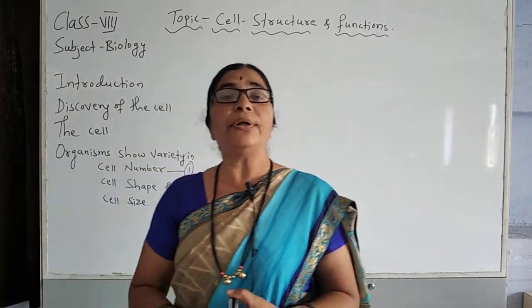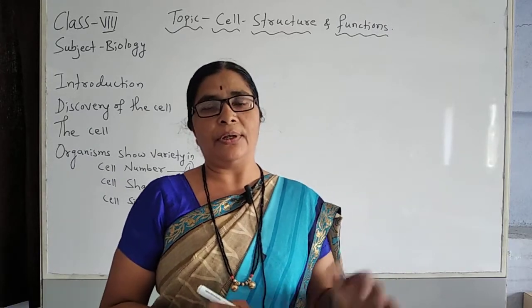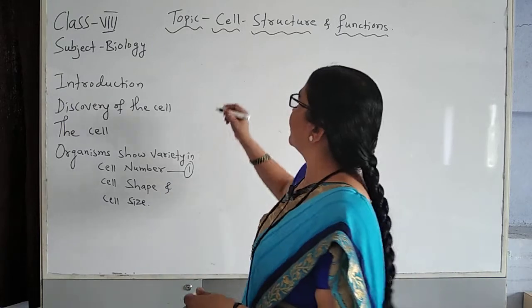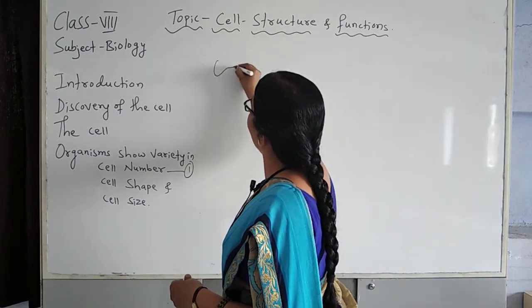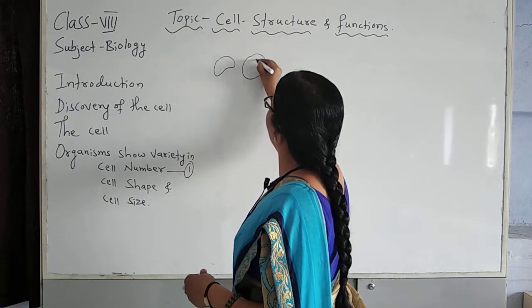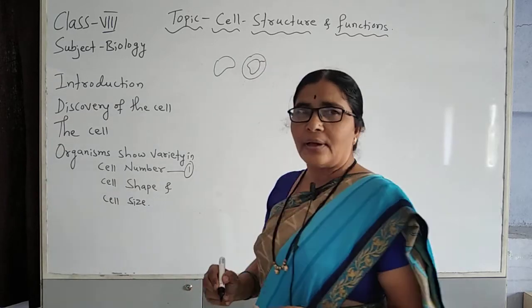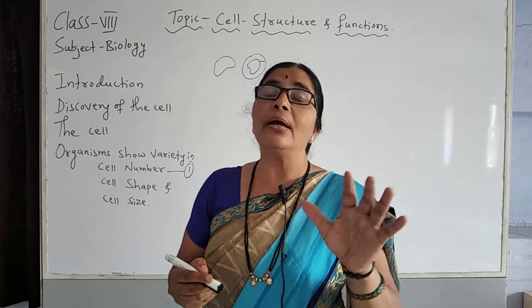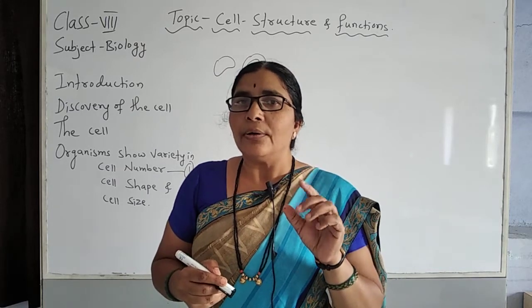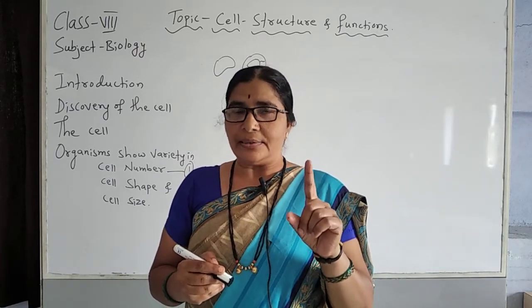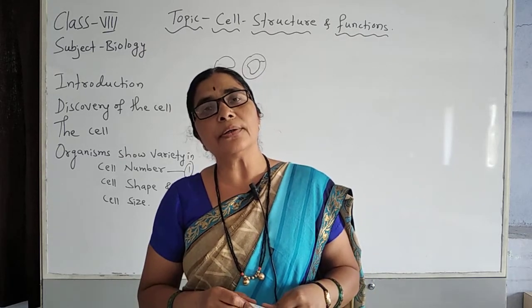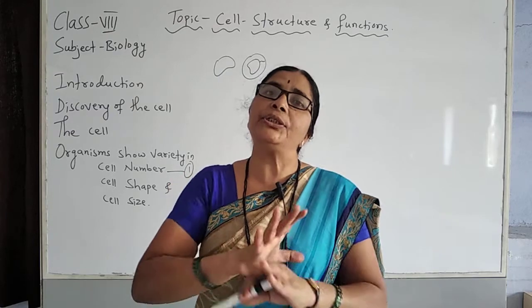But here, take the amoeba and the WBC. The amoeba is an organism, and WBC means white blood corpuscles. Both are cells, and both do not show any definite shape.